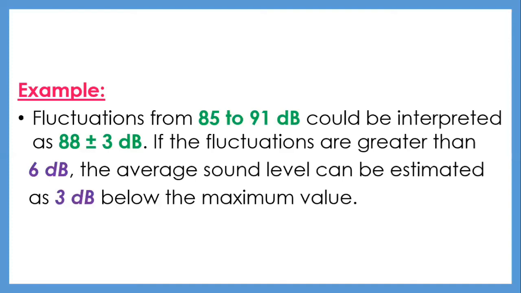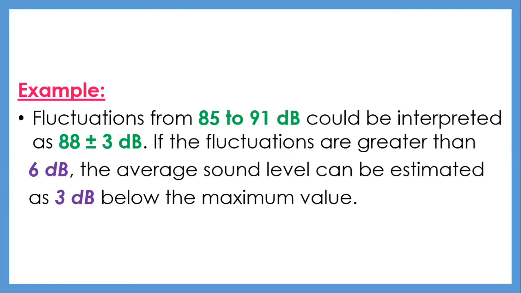Having said that, impulse noise cannot be measured accurately with basic meters because their response time is too slow. More sophisticated equipment is now available, and as a rule of thumb, the impact noise level measured with a standard meter should be regarded as an underestimate of at least 5 decibels.